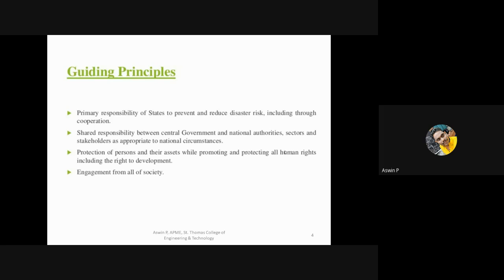And the next, third point is protection of persons and their assets while promoting and protecting all human rights, including the right to development. We should behave responsibly, and you should protect persons and their properties while protecting all human rights, including the right to development. We should remember that our country is focusing on economic benefits, so we are trying to become a developed country.